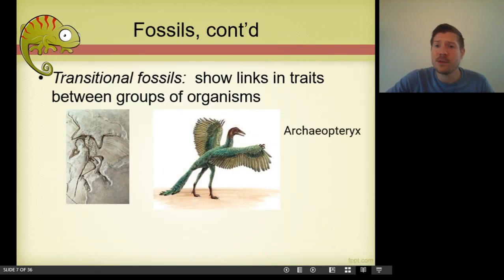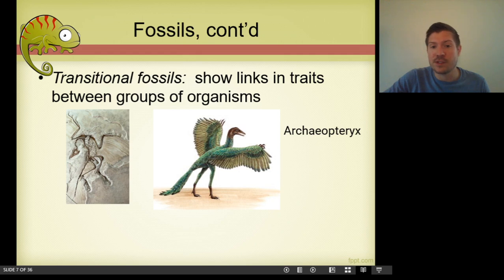A specific type of fossil I want to mention is called a transitional fossil. As its name implies, it shows you the link between modern groups of organisms. So, for example, Archaeopteryx is a famous transitional fossil, showing us the link between non-avian dinosaurs, or dinosaurs that are not birds, and modern birds.